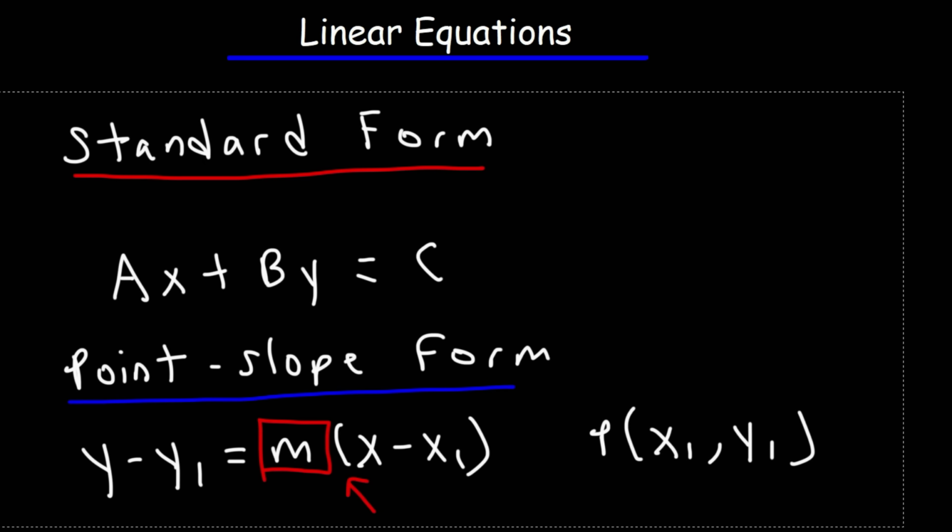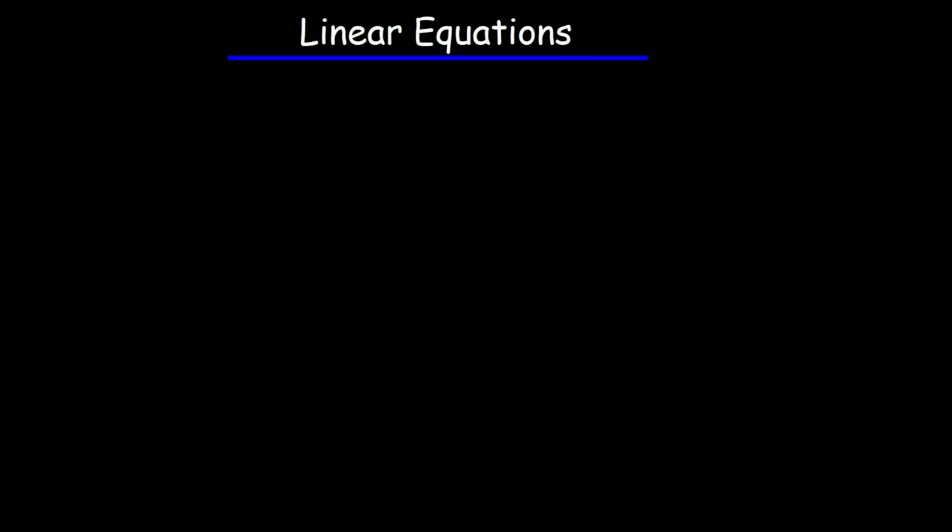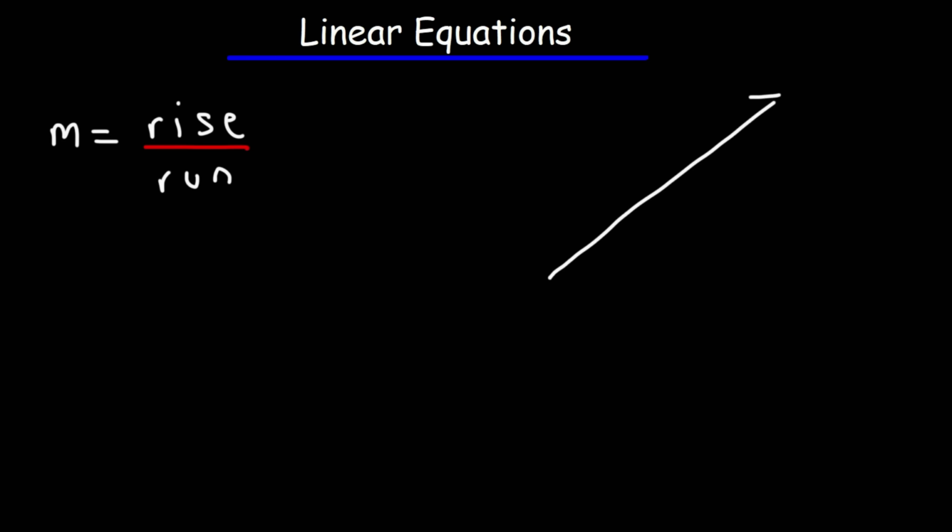Now let's talk about the slope. The slope is equal to the rise divided by the run. So let's say you have a linear equation that is rising, so the slope is going to be positive. And let's say you have 2 points on this line. To go from the first point to the second point, let's say you have to travel up by 4 units.